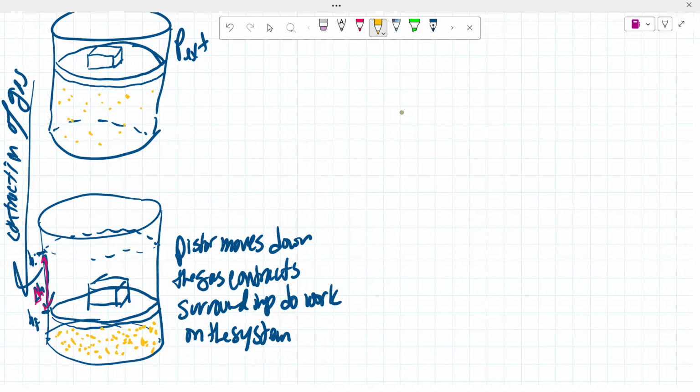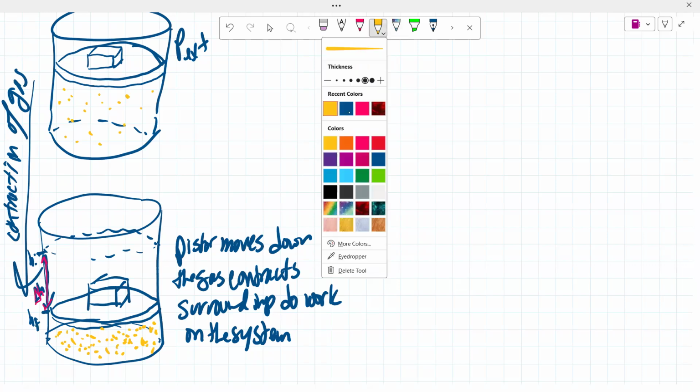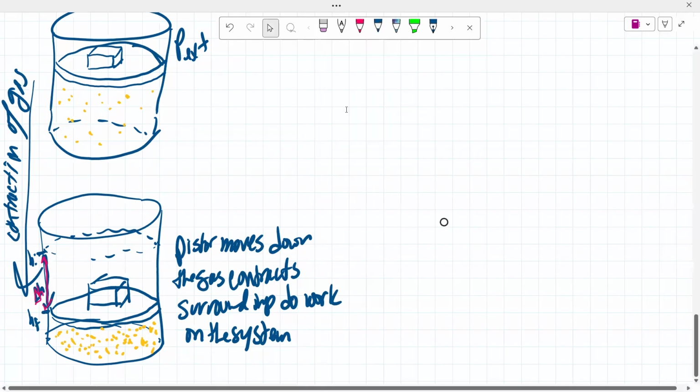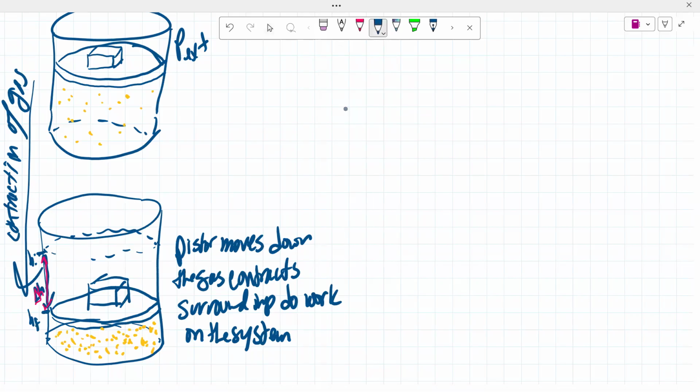All right, it's trying to give some proxy for the pressure here. Now we need to keep our notes about what's going on. So delta V is less than 0, and therefore work is greater than 0.